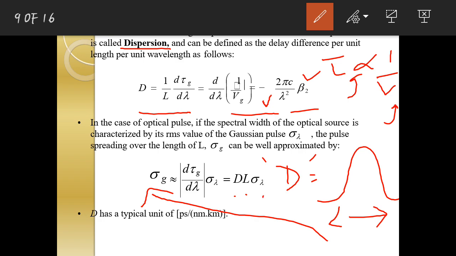Sigma lambda is called the input pulse spectral line width. Sigma g is called the output broadened pulse width, which is calculated with the dispersion parameter. The unit for dispersion is picoseconds per nanometer per kilometer.